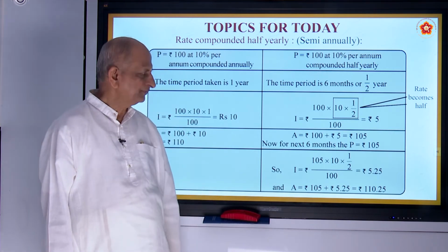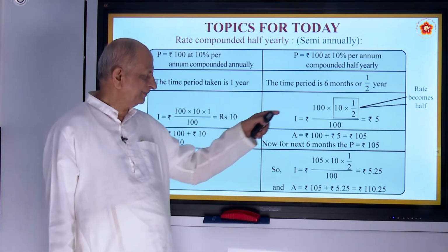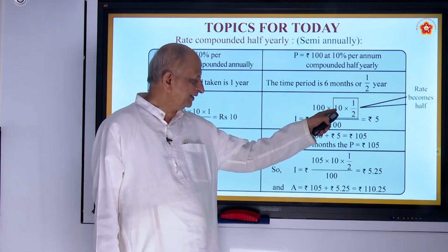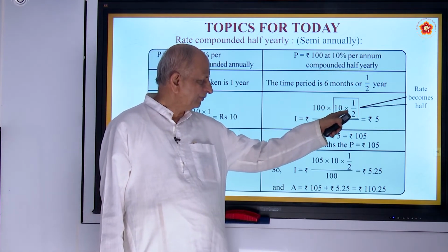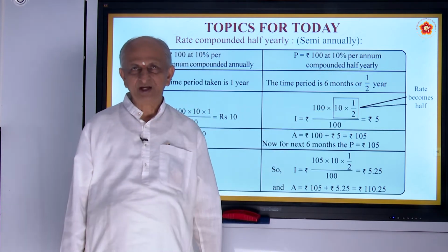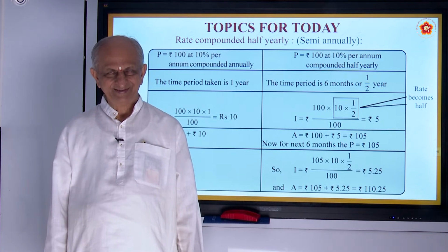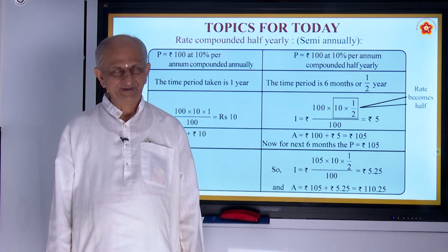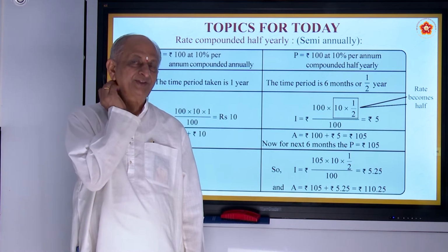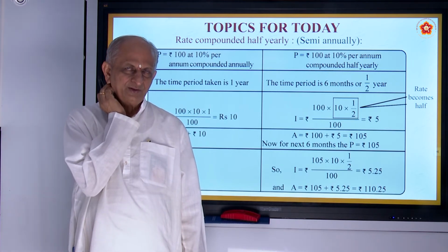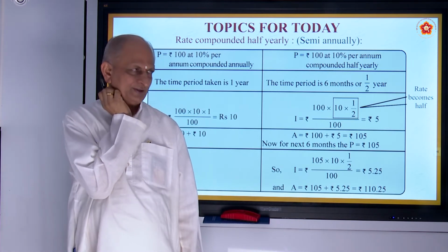Or you can use the formula. But while taking that, you must take the rate of interest as half of that, because it is half yearly. If it is 1.5 years, it comes to the power of 3. 2 years means to the power of 4, like that.